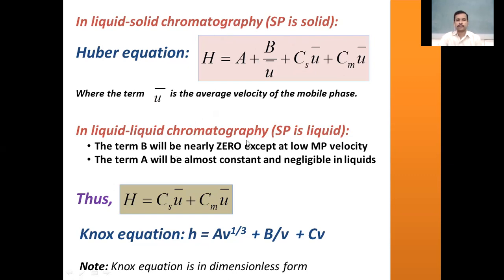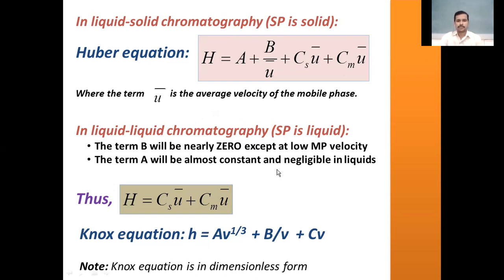Then let us come to liquid chromatography. In liquid chromatography, the stationary phase will be a liquid, and this liquid will be hydrophobic and non-polar, and even sometimes a polar stationary phase can also be used.